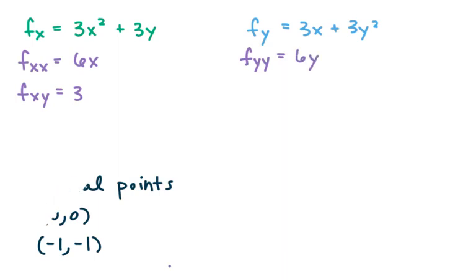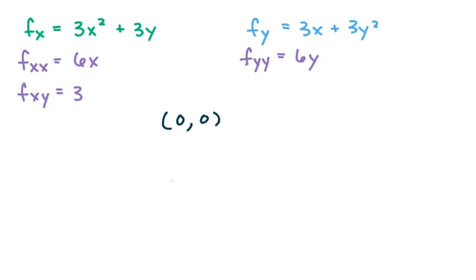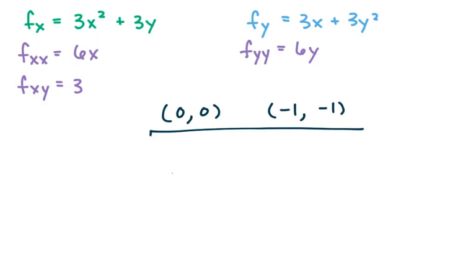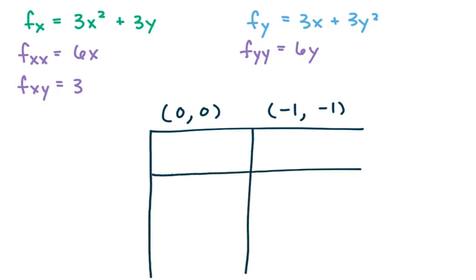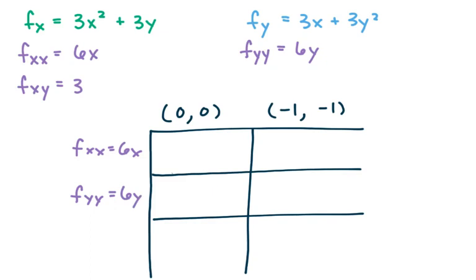So what I like to do here is make a table. So we'll list our two critical points, (0, 0) and (-1, -1). And then I come down on this side to kind of make this look a little nicer, like a table. I will list my second partials. So I've got fxx being 6x, fyy is 6y, and fxy, we have 3.